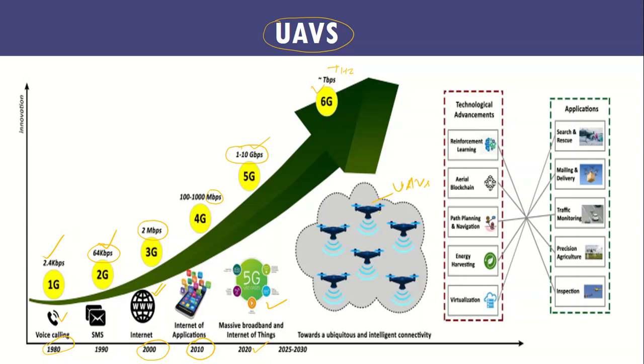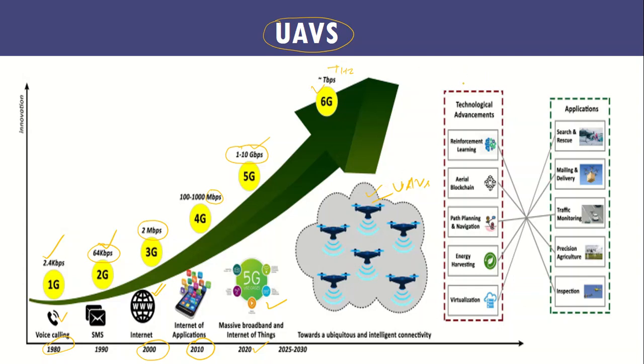Unmanned aerial vehicles are flying towers that help in emergency situations where mobile coverage is not possible. They are very helpful in those situations, and basically they are flying towers that improve the coverage in any particular area.